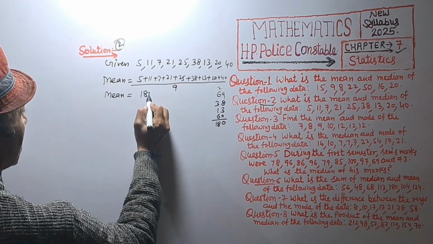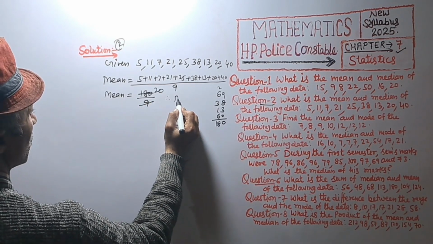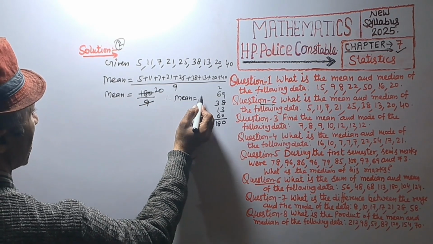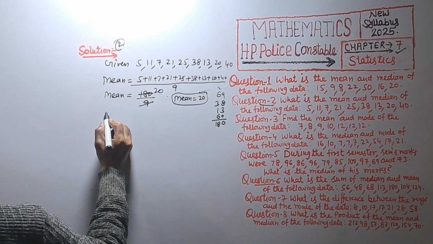So 180 divided by 9, that is 20. So we get mean 20, and median.